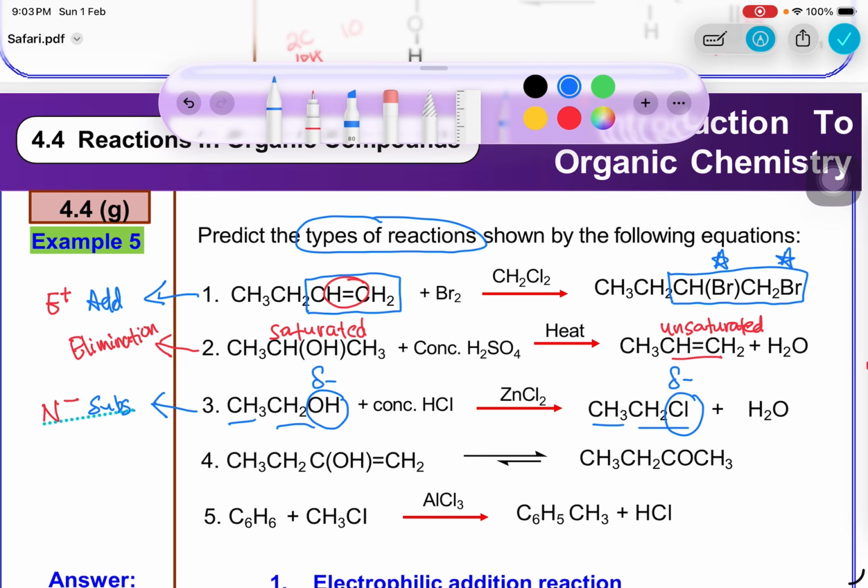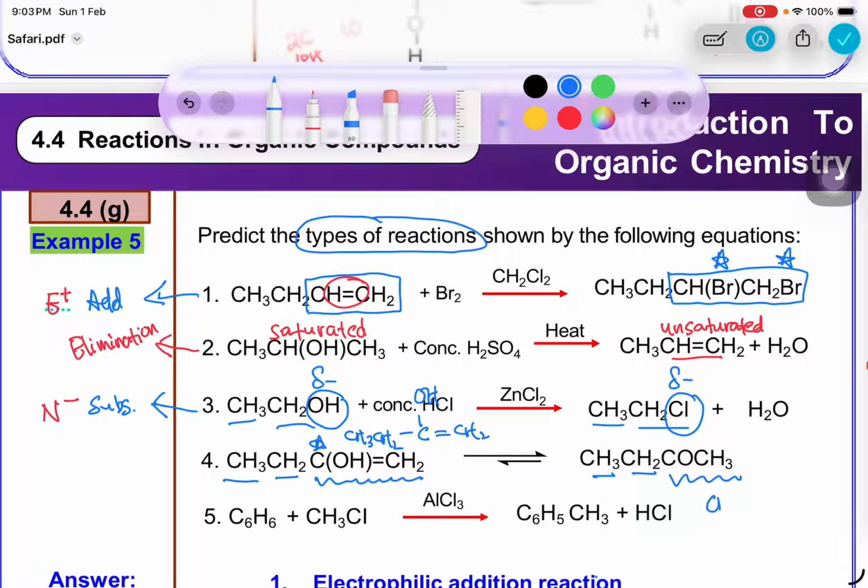Continue with number 4, the reaction. From here we can see CH3, CH3, CH2, CH2, so roughly we have an idea. Here is the part that is different. When we have the bracket here, we know that this carbon C is bonded to OH and then bonded to CH3, CH2, double bond CH2.